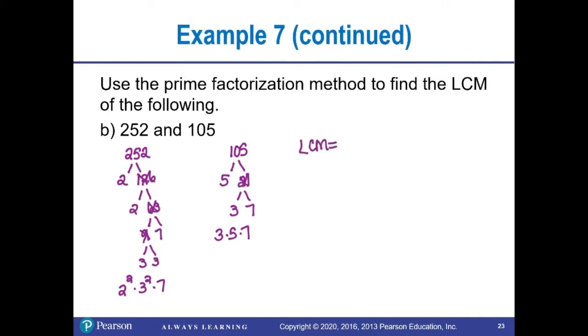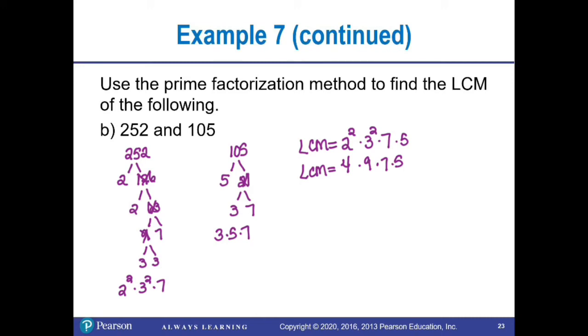When I'm finding my LCM, I want to look at every prime factor. Well, one prime factor is 2, and the only power of 2 here is 2 squared. Another prime factor is 3, and I want to look at the larger power, which would be 3 squared. We also have a 7 and a 5 in those prime factorizations. 2 squared is 4, 3 squared is 9.